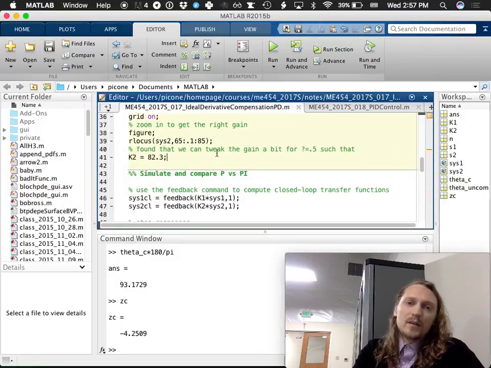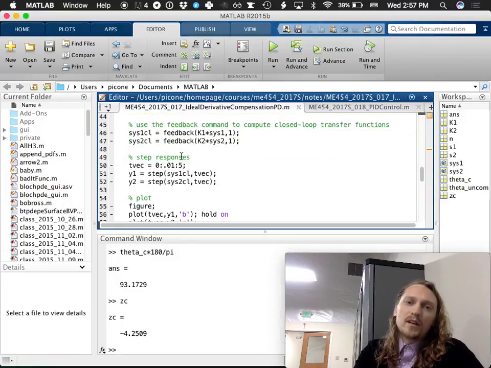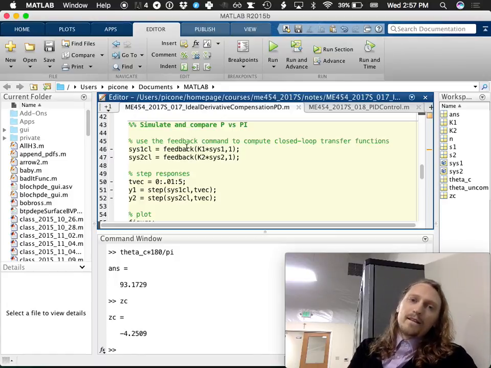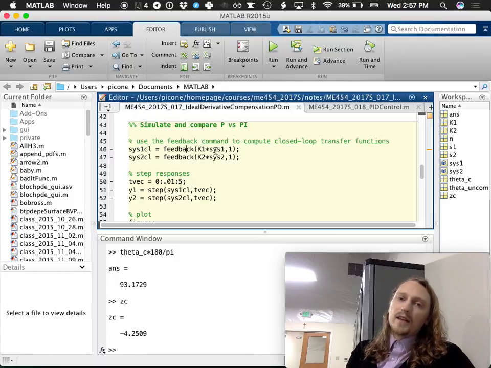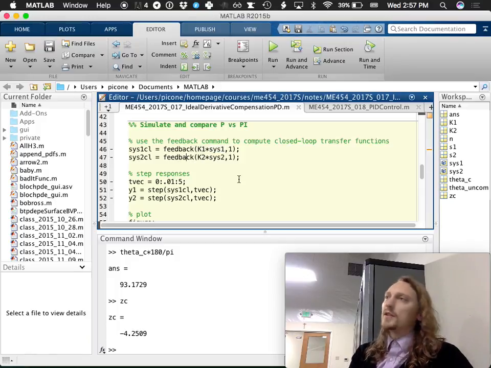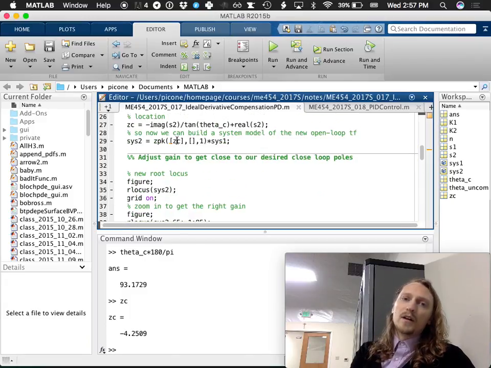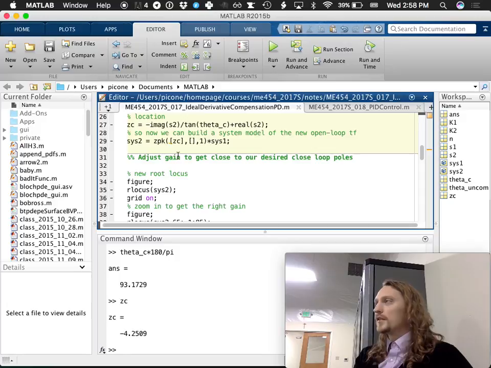So we choose this gain, 82.3, and we simulate both systems. We simulate the proportional one, which we can do using the feedback command on system 1 times K1, and the feedback command on system 2 times K2. System 2, we decided, is the original system multiplied by a zero, so we put the differentiator in there.